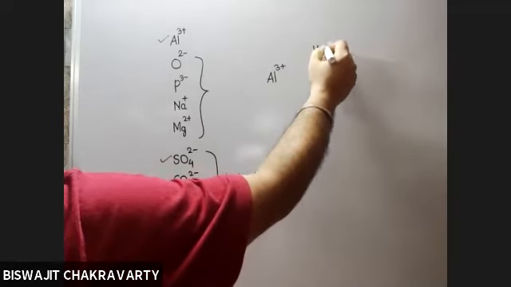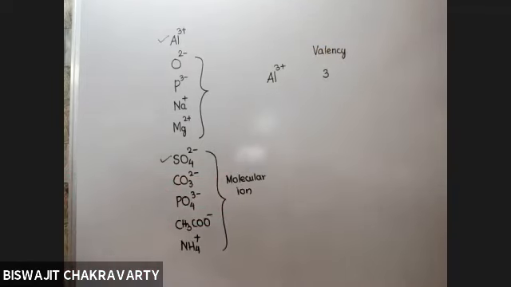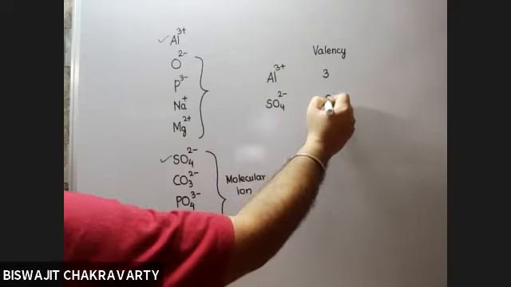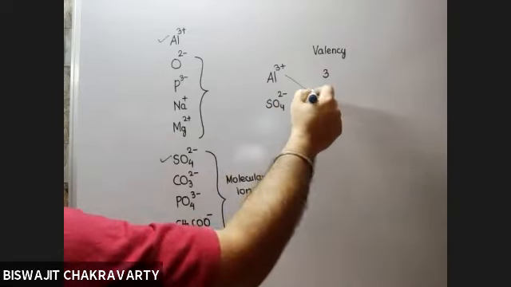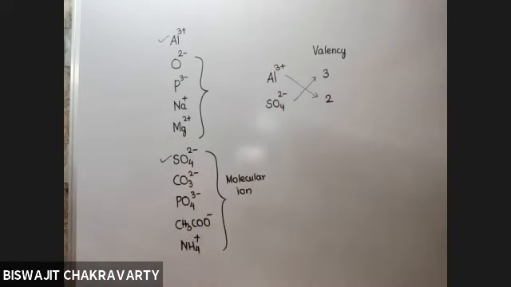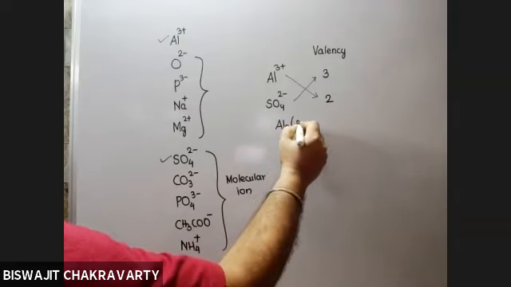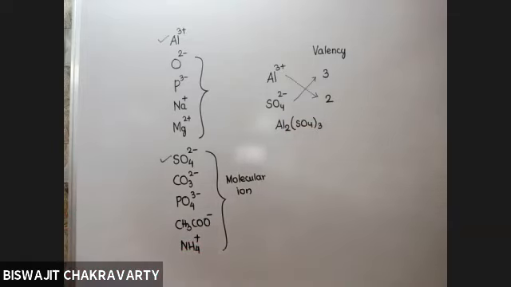What valency will you give? 3, isn't it? SO4 2 minus. What valency will you give? 2, isn't it? So what will be the formula coming out? Sir, Al2(SO4)3. Al2, put SO4 in bracket 3. This is aluminium sulfate. Clear?